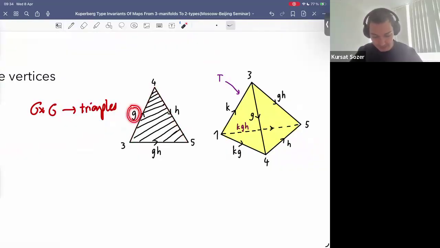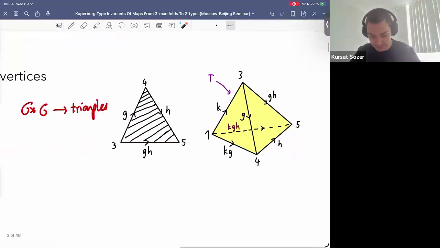If the label between these two vertices is g and this one is h, then this one needs to be gh. When we do this for each triangle, each tetrahedron has four faces, four triangles.